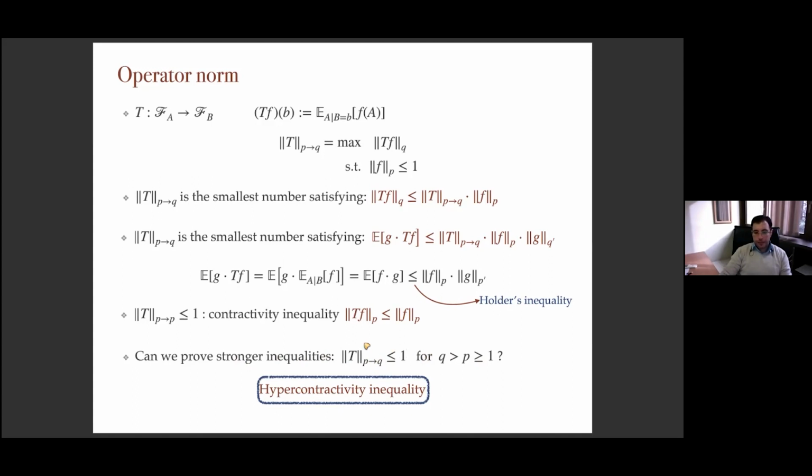Because in that case, the Q norm of F, because Q is greater than P, would be greater than the P norm. So for this choice of parameters, Q greater than P, an inequality of this form would be stronger than this one.